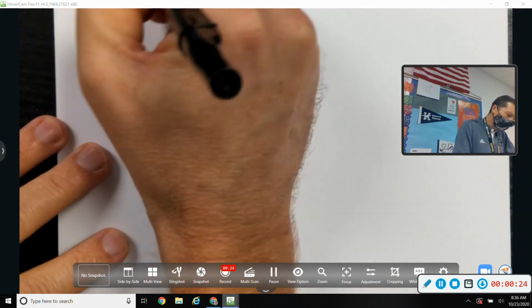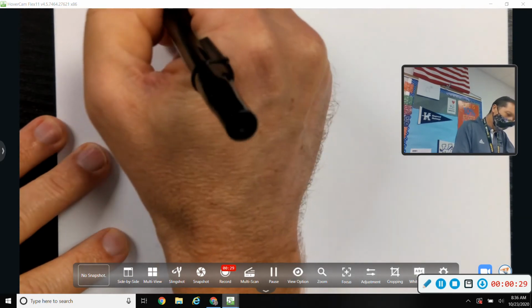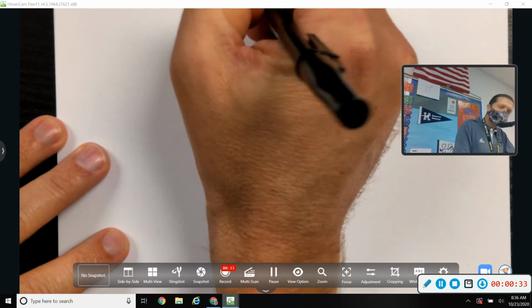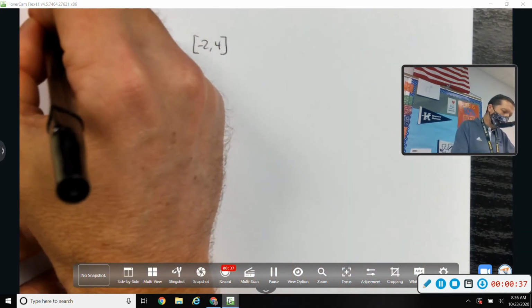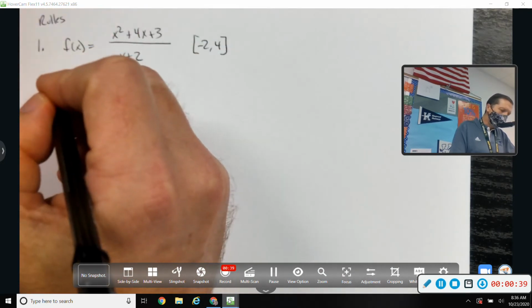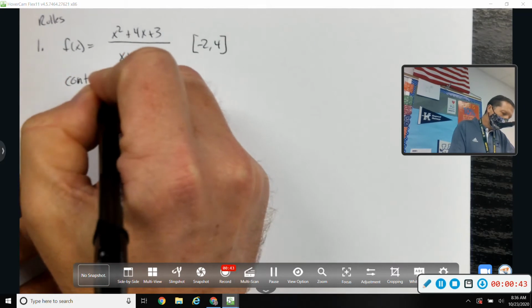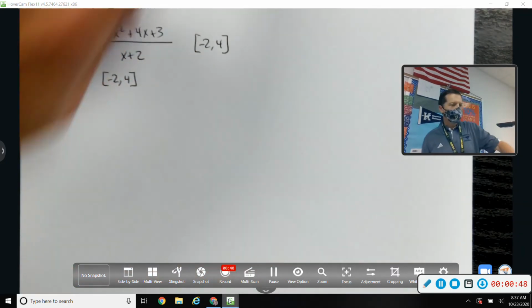So f of x equals (x squared plus 4x plus 3) over (x plus 2) on negative 2 to 4. And we're going for Rolle's on this one. So for Rolle's, I need continuous on the closed interval. Are we continuous on the closed interval for this guy?